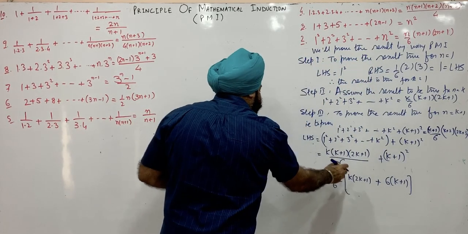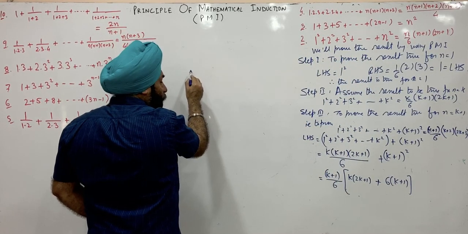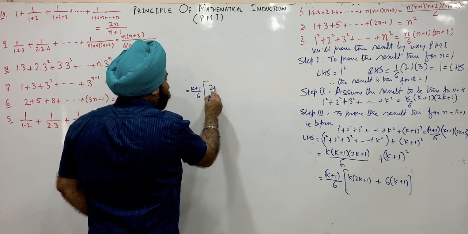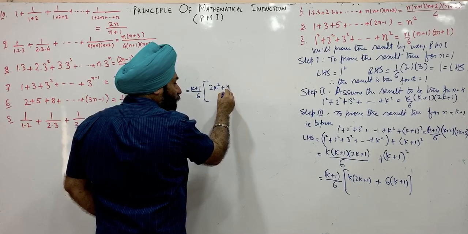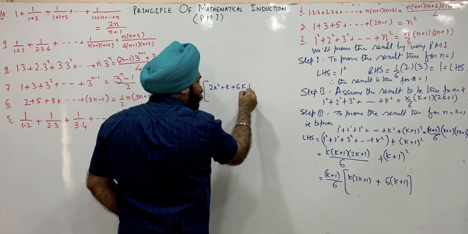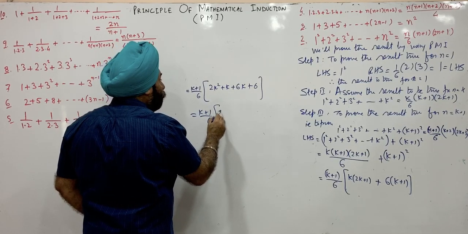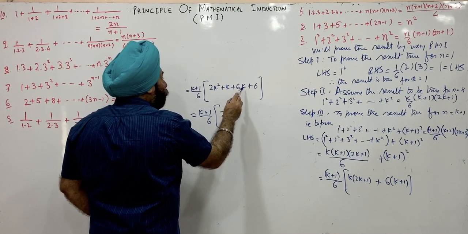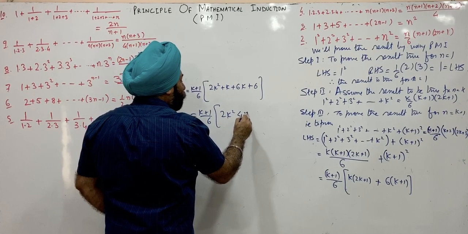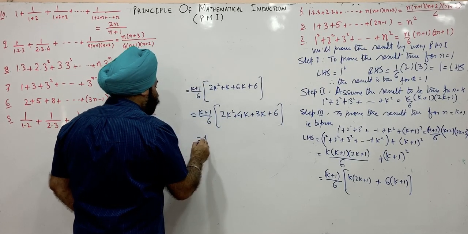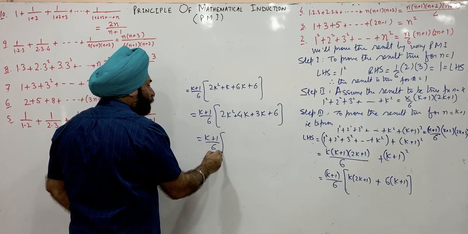Simplifying the terms in the bracket, this is k plus 1 upon 6, this is 2k square plus k plus 6k plus 6. This is k plus 1 by 6, it's 2k square plus 7k, let's write plus 4k plus 3k and plus 6. This is k plus 1 by 6.